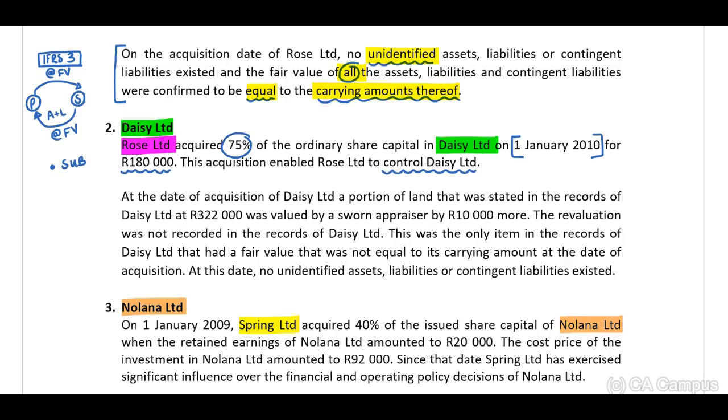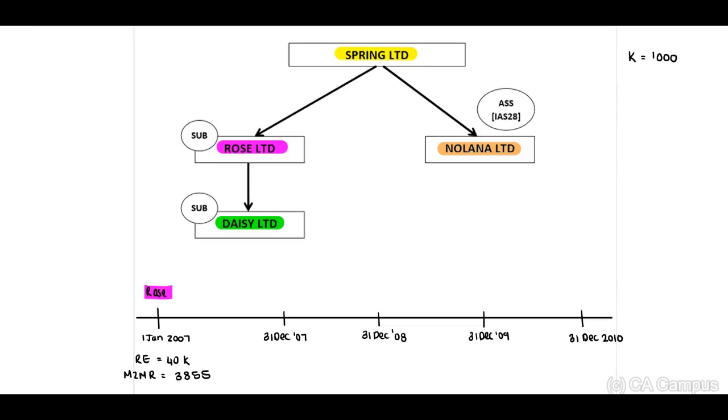But guys, when we look at our structure, you need to identify that Spring has 83% in Rose, and now Rose owns 75% in Daisy. Therefore, this is a vertical group, and we will have to consolidate Daisy into the Spring group. There's an indirect ownership from Spring to Daisy.